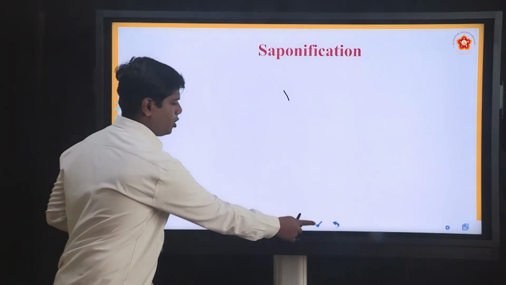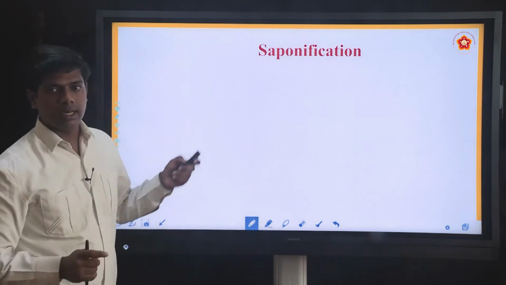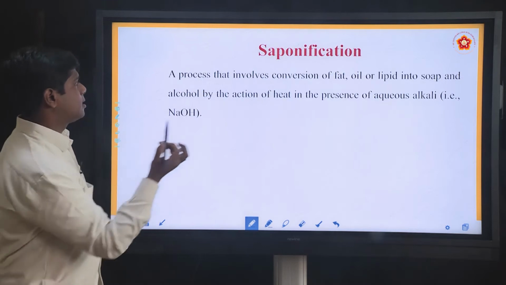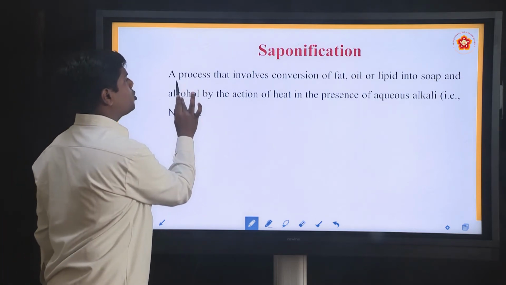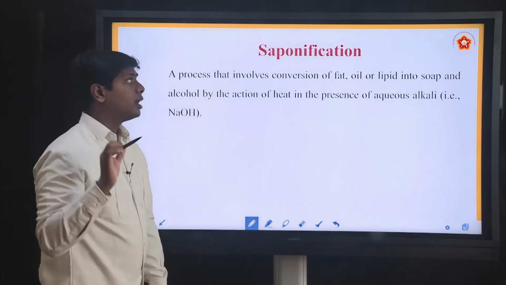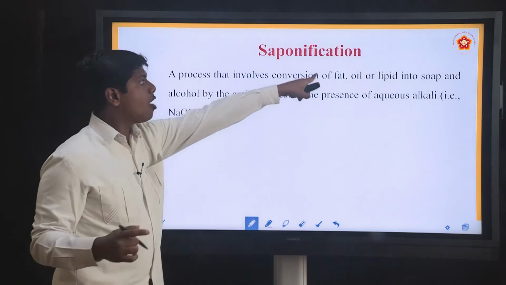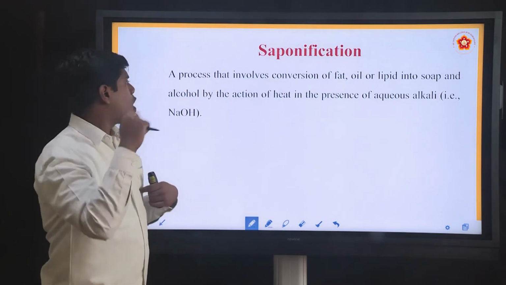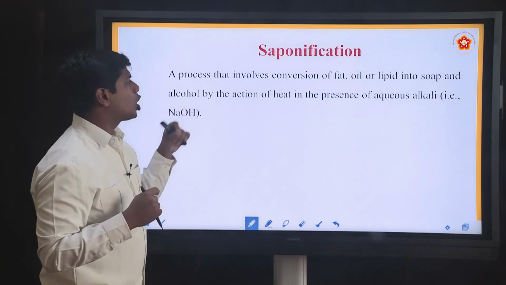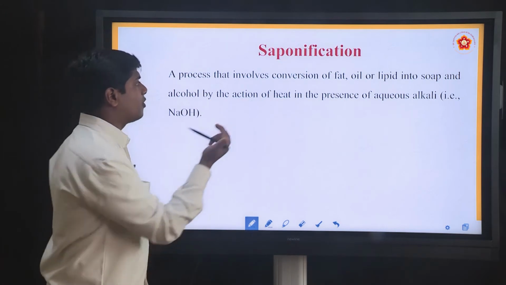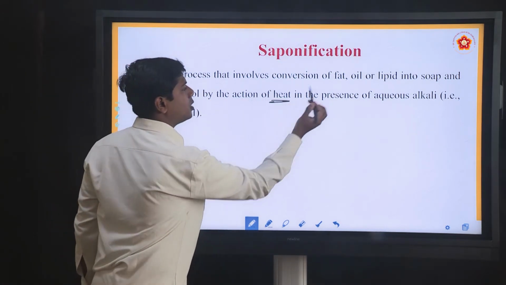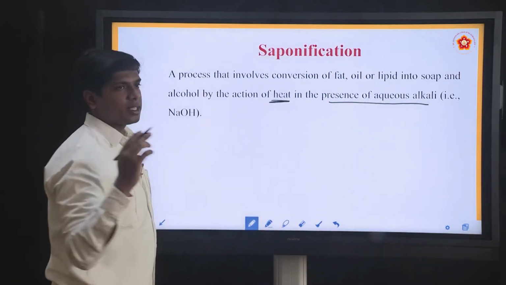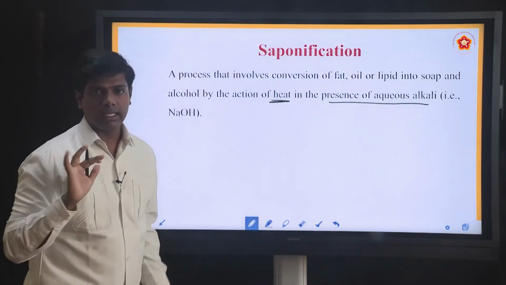Next reaction is saponification, a very important reaction. Please note down the definition: the process that involves conversion of fat, oil or lipid into soap and alcohol by the action of heat, or in the presence of aqueous alkali, that is a base, NaOH.